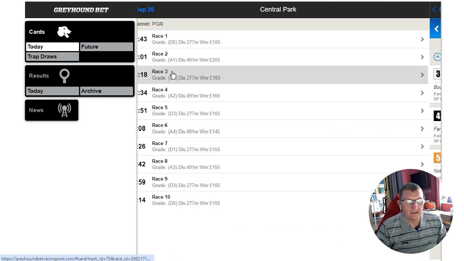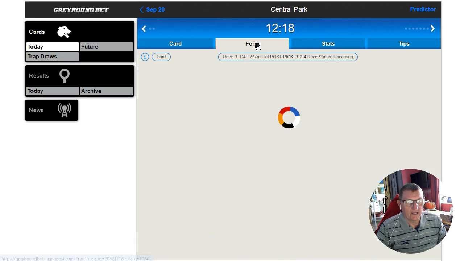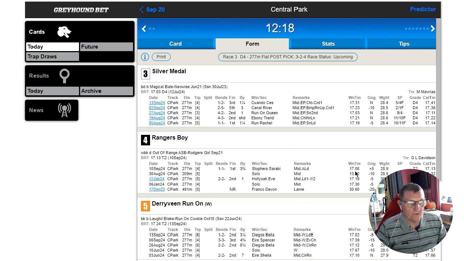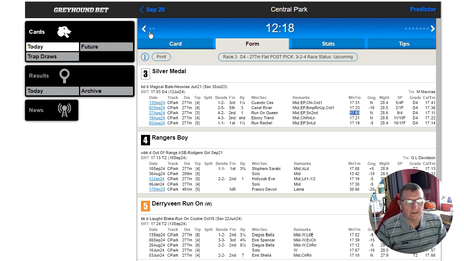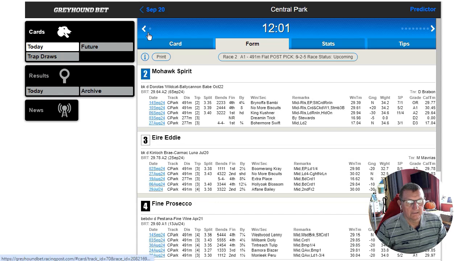So that's the kind of thing you're trying to do, go through and find a trap 4 with the lowest winning time. So 17:08, but there's a 17:03 there. Oh, it has got lower than that, 17:30. So nope. It wouldn't be the selection in that card.